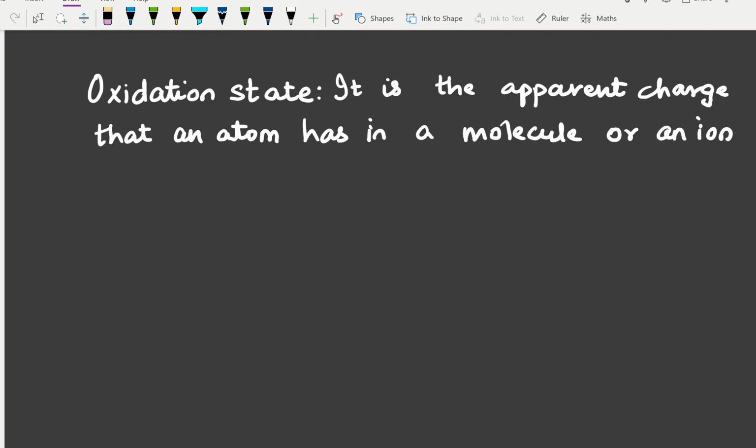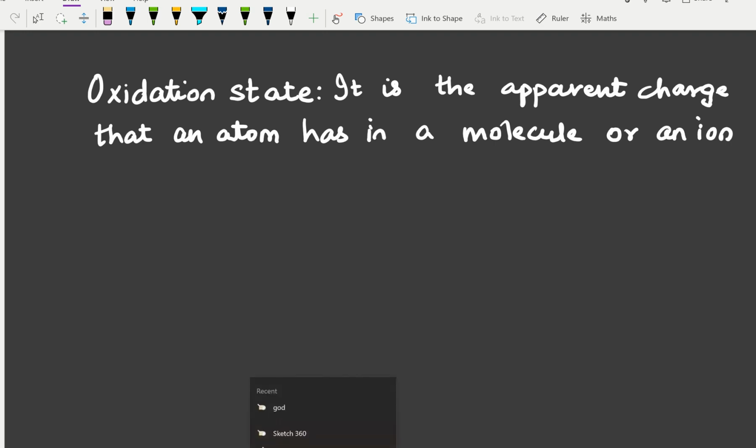I'll explain how you have to deal with covalent compounds. When I talk about a molecule, I'm referring to any kind of covalent compound, and ion also. So basically it is the apparent charge that an atom has in a molecule or an ion. Now, how do you write the oxidation states? Usually there are two things that are involved.